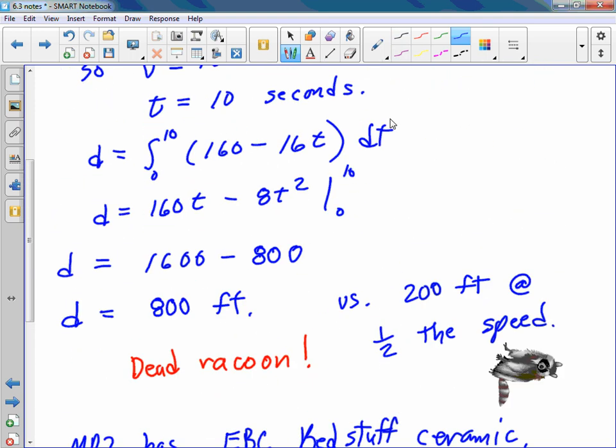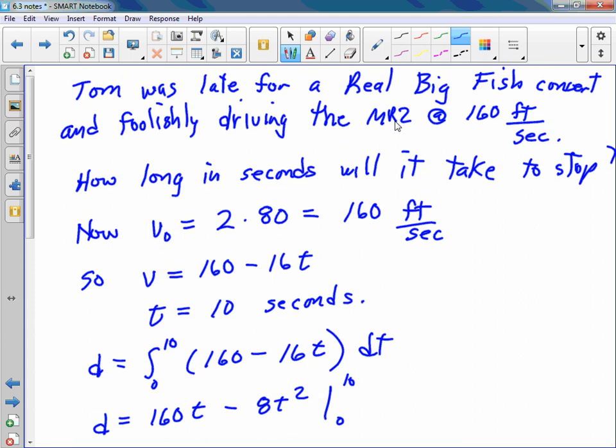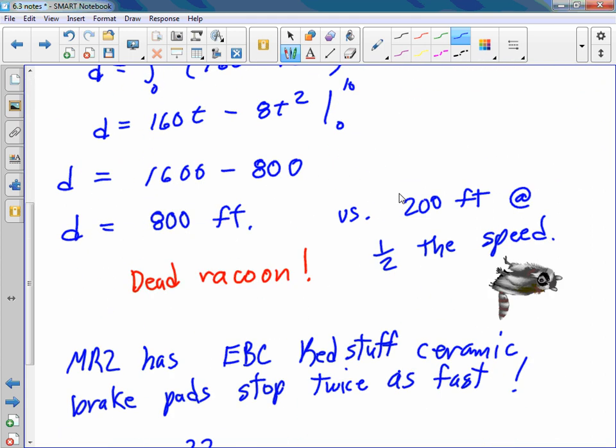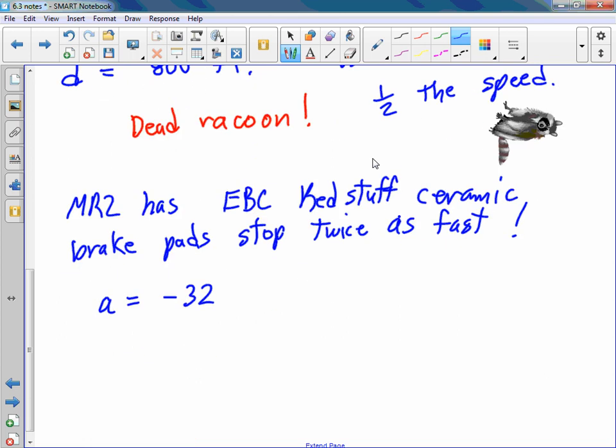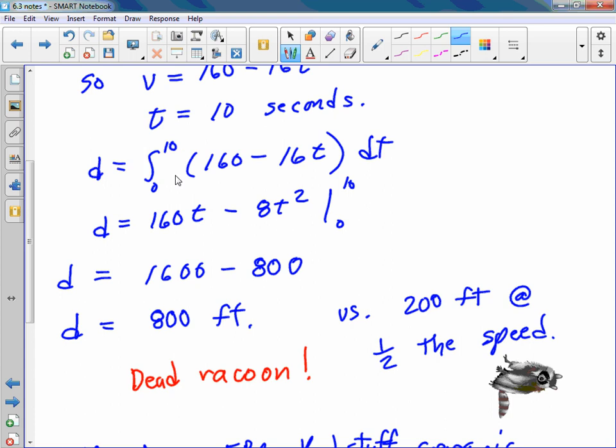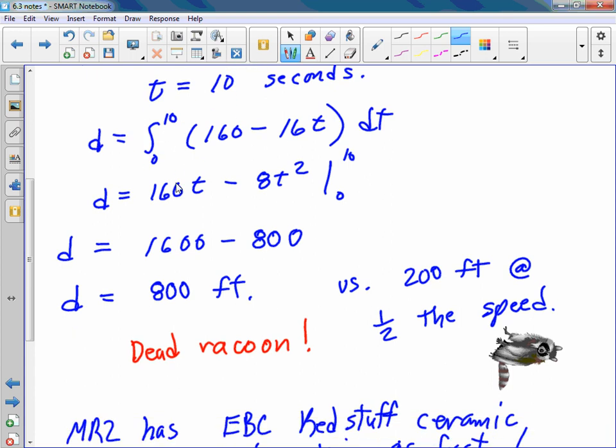I want to make sure. Yeah, negative 16t. So we can say, instead of 10 seconds, were we 10 seconds up here? We were 10 seconds. So we can just take this and go, it'll be from 0 to 5.